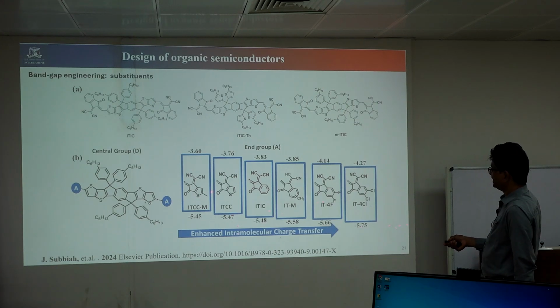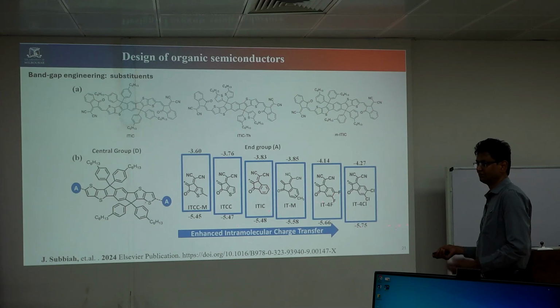ITIC, because here we have the methyl group, if we remove the methyl group, then the HOMO level is pushed down. So in this one, instead of the thiophene ring, we introduce the phenyl ring that will push it further. And here the methyl group we are putting into the meta position, CH3, that also makes a change. And here we introduce 2 fluorine groups.